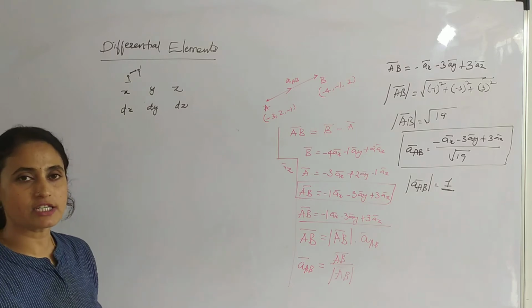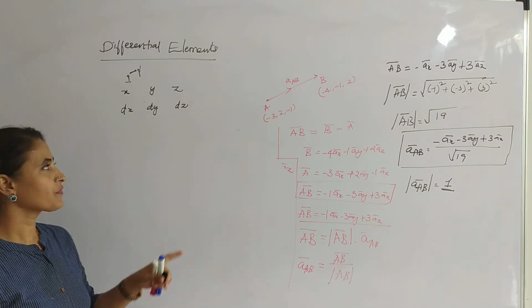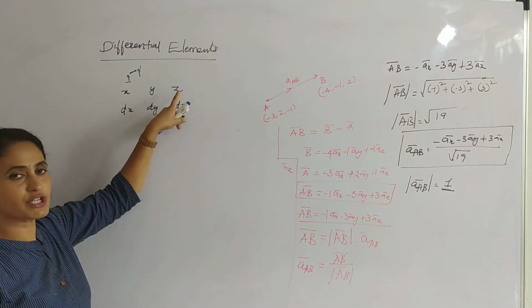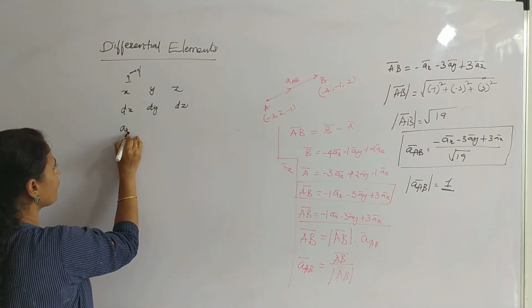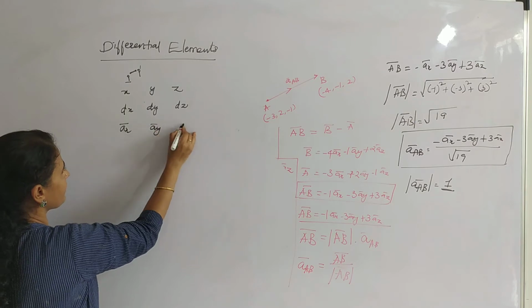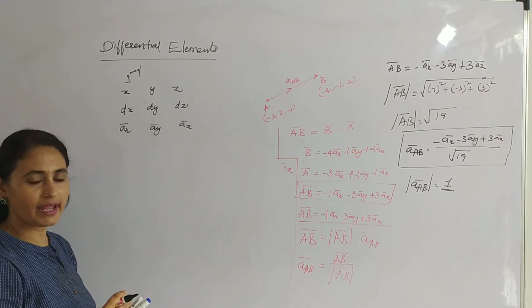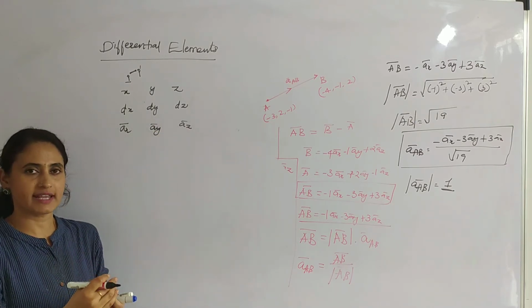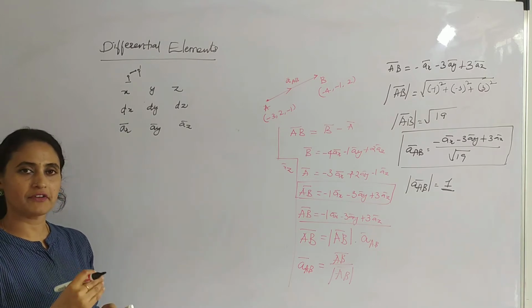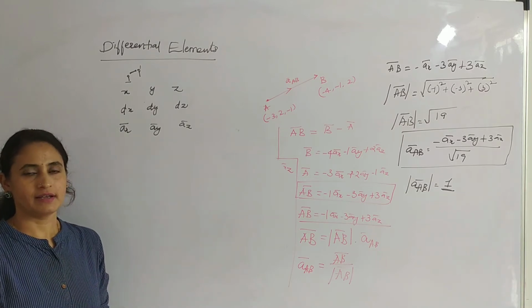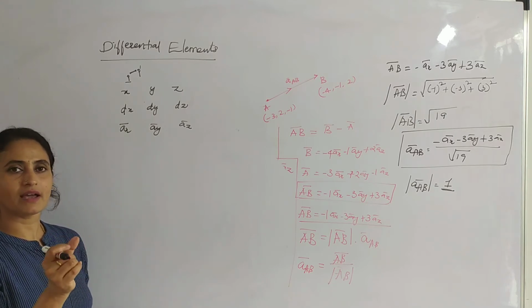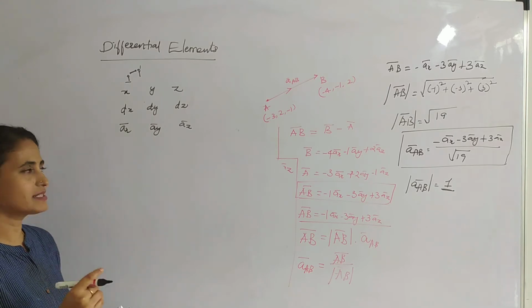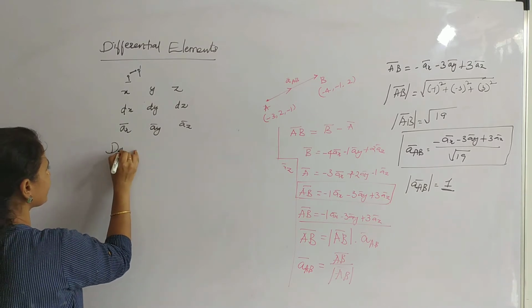So the differential change in x is dx, in y is dy and in z is dz, along the directions of ax, ay and az. This small differential shift creates a small length, surface or volume. So let us see what the differential length is.